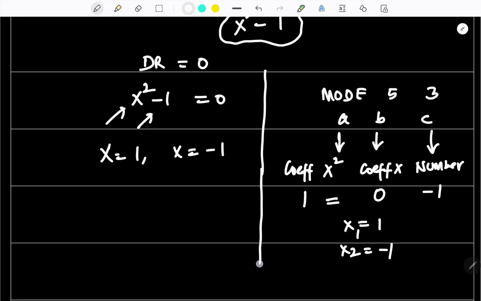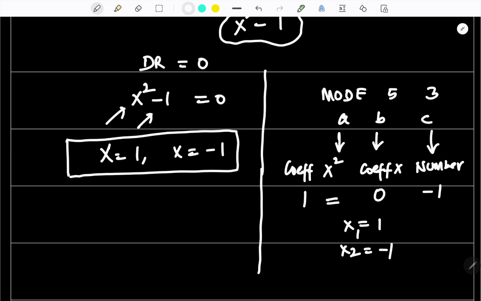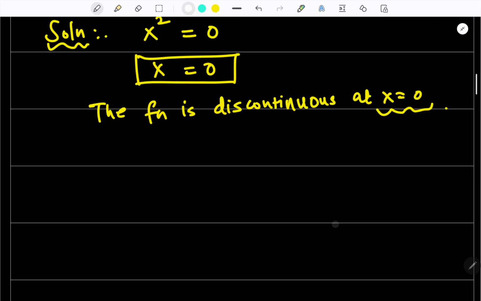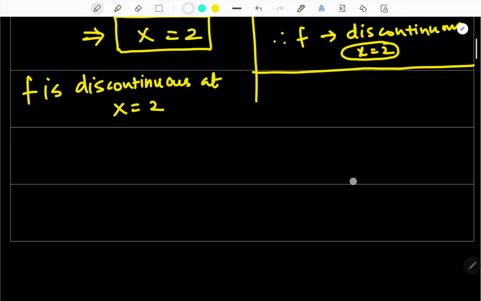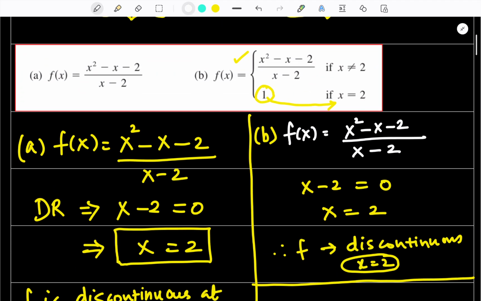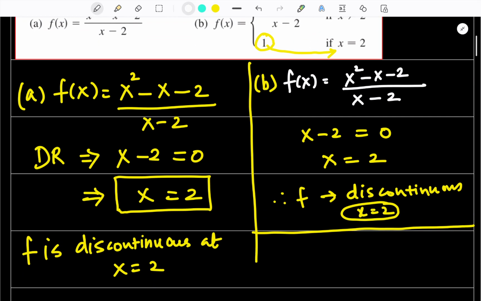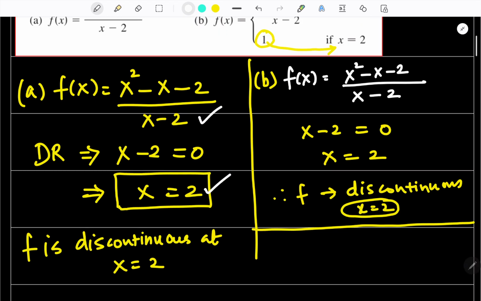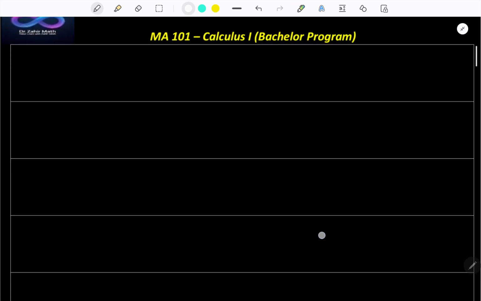Clear everybody? Right. What is the meaning of this? It means the function is discontinuous at these points. Usually, one question I did, remember or not everybody? One question I did, making the denominator 0. What did I write here? I made the denominator equal to 0, so I got the points. I wrote discontinuous at x is equal to 2. So the same answer I'm going to write.